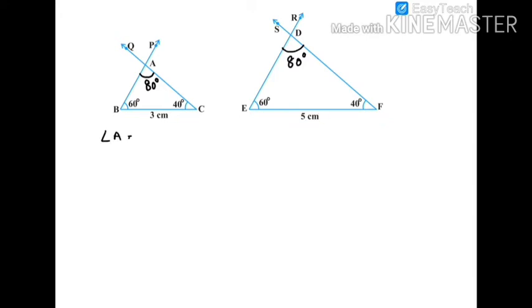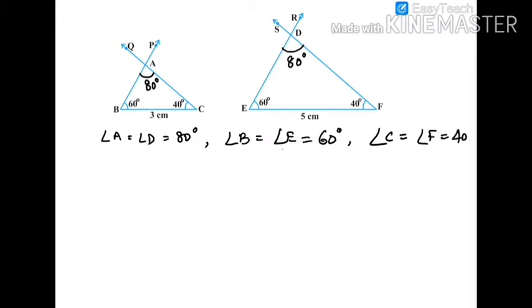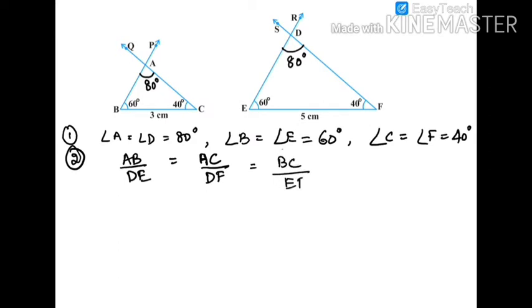So angle A is equal to angle D, angle B is equal to angle E, and angle C is equal to angle F. By measurement, you will find that AB upon DE will be equal to AC upon DF equal to BC upon EF, which is 3:5, and that is 0.6.